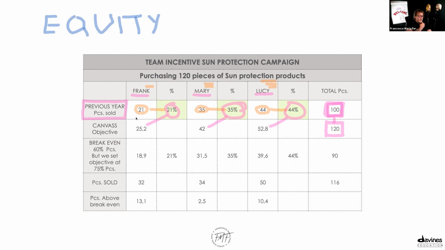So basically, Frank is going to increase, Mary is going to increase, Lucy is going to increase.